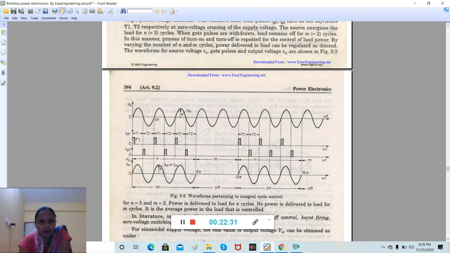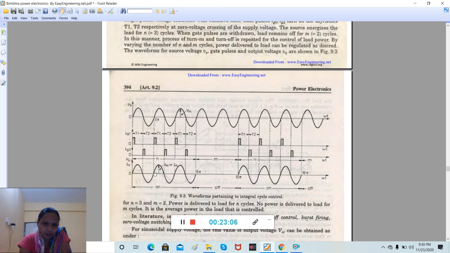When T1 is triggered, the triggering pulse is given at the origin, so the delay angle is 0. In the positive half cycle the gate pulse is given, so from this point thyristor T1 conducts. For thyristor T2, gate pulse Ig2 is given from the starting of the pi angle, so from this point we get the output waveform. Again thyristor T1 is triggered, again thyristor T2 is triggered, and we get the output waveform.